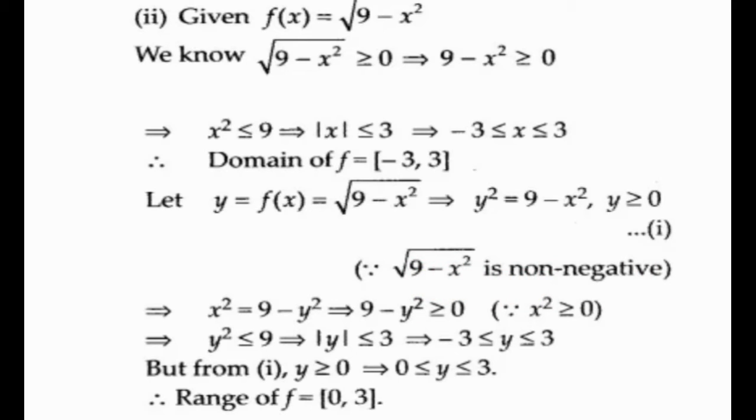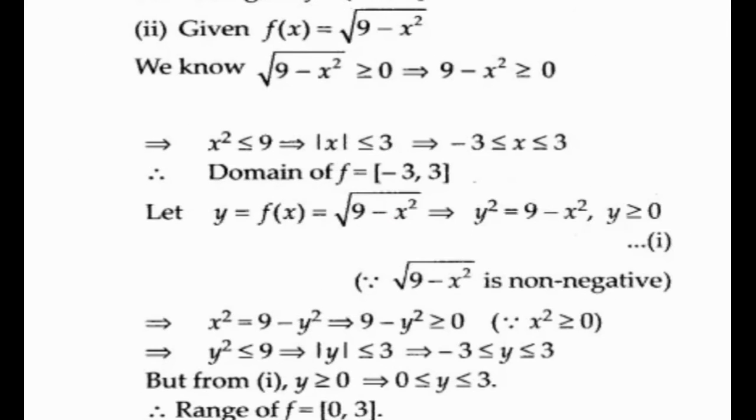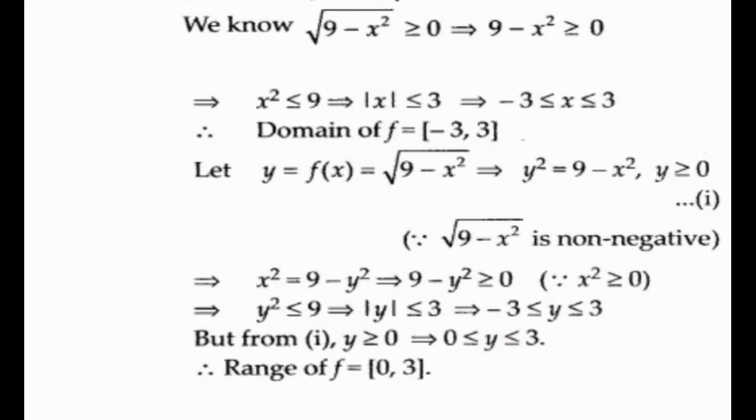Now by using y² = 9 - x², we get 9 - y² = x², which is greater than or equal to 0, because x² is always non-negative. So y² is less than or equal to 9, |y| is less than or equal to 3, therefore -3 ≤ y ≤ 3. From 1, y is greater than or equal to 0, so 0 ≤ y ≤ 3. Therefore, the range of f equals [0, 3]. So this is the solution.